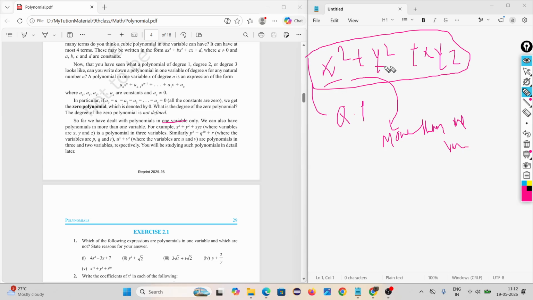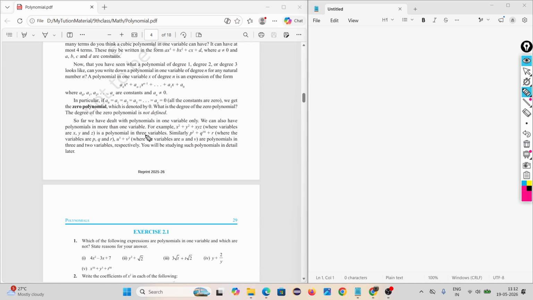Here x is a variable, y is a variable, z is a variable. Similarly, p square q raised to the power 10 plus r is also a polynomial but has three variables. But our chapter's concept is learning one variable.